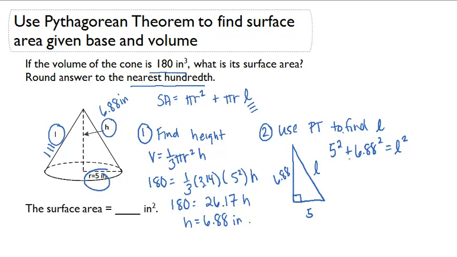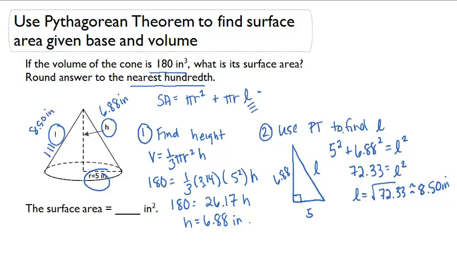If I add those up, I get 72.33. Which means that L equals the square root of 72.33, which is approximately 8.50 inches. And I'm going to write this over here into the picture.